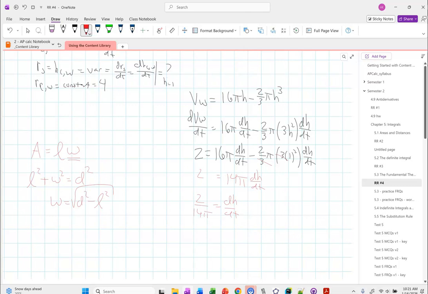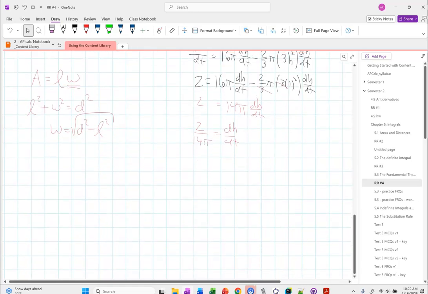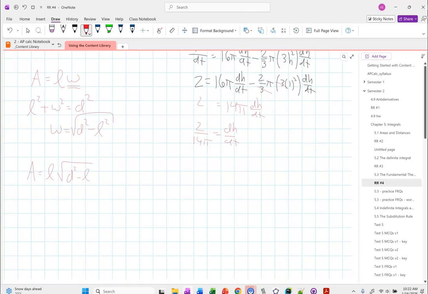Okay. And since D is a constant, wouldn't that just be d minus l? Square roots don't distribute across addition and subtraction. It's a chain rule derivative. So when you take the derivative, what would it be? You have that, right? The way it's currently written, it's a product rule and a chain rule.